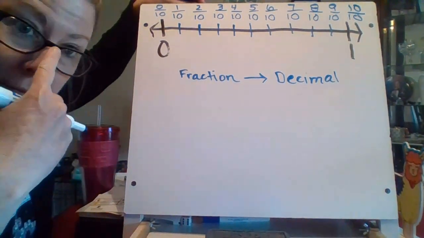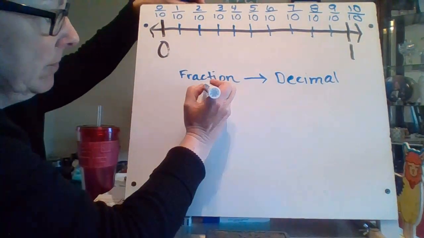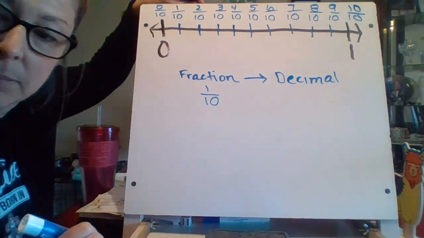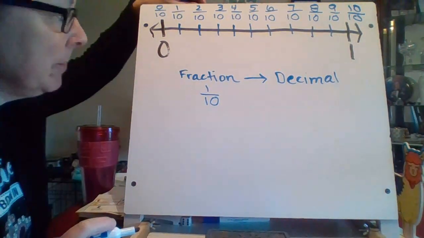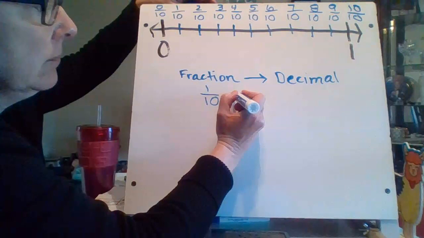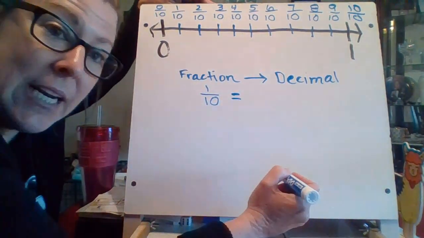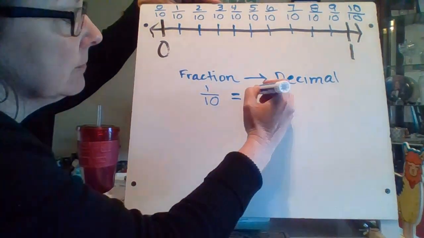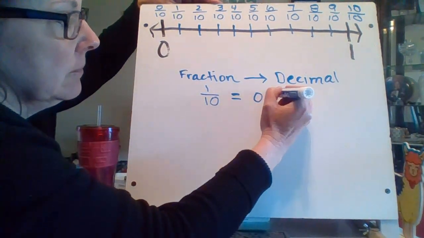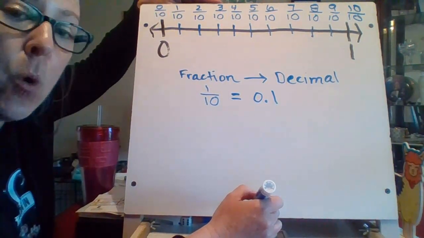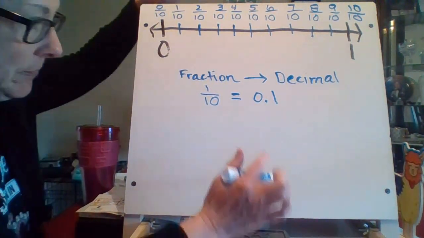So I know my fraction for 1/10. I also know that if I were going to write this in decimal form, it would look like this. And they're both read as 1/10.